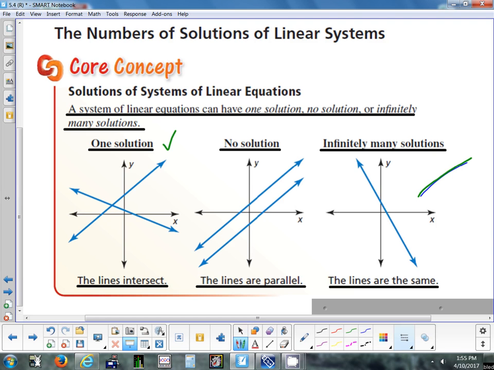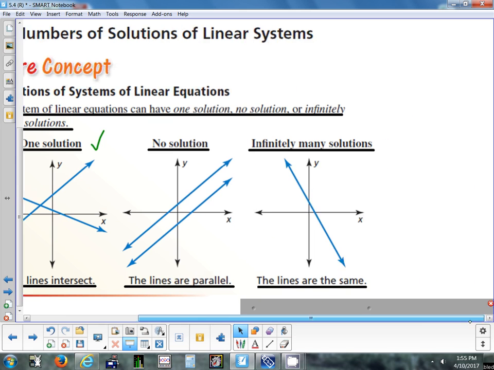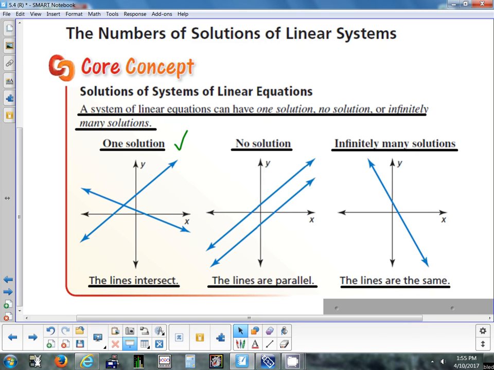Those are special cases. So under one on your notes, you have lines across the top to write in each thing: one solution, no solution, infinitely many, and then you have spots on the bottom to write what's actually happening. So one solution, the lines are going to intersect at exactly one point. No solution, the lines are parallel.